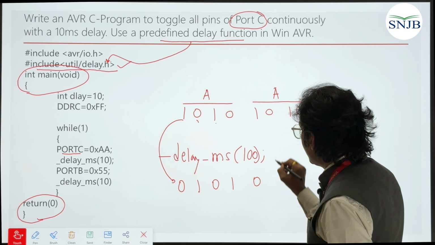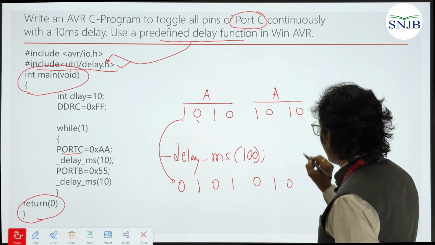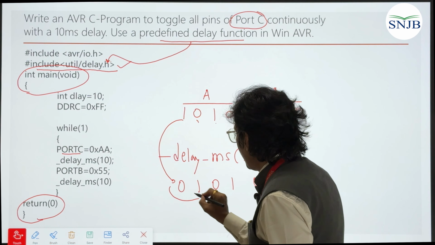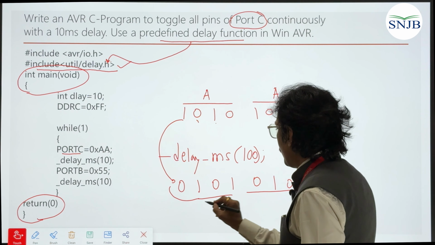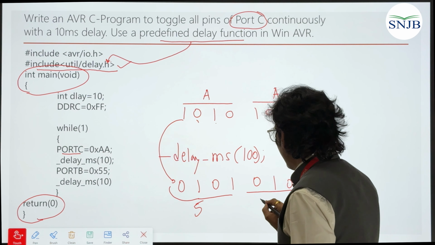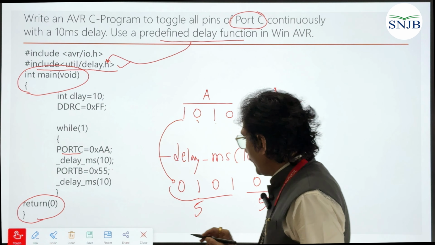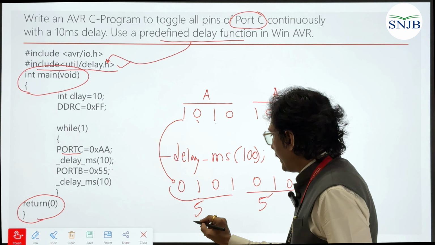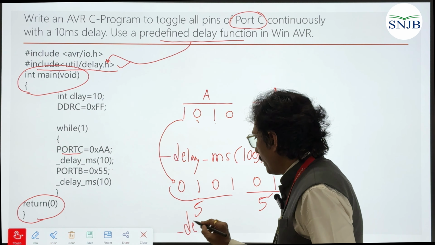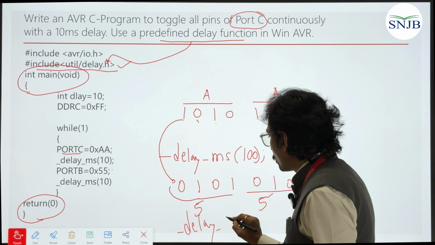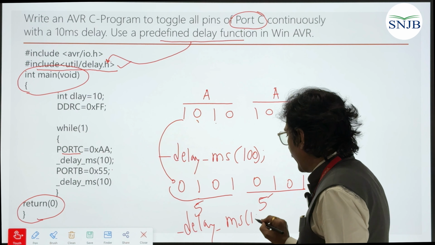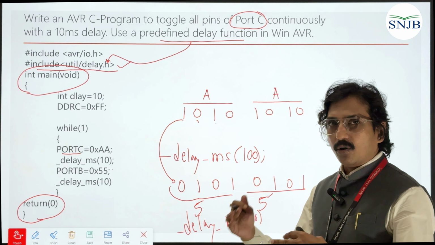1 0 0 1 1 0 0 1. So it is representing hexadecimal 5 value, isn't it? So again we write the routine, underscore delay underscore ms of 10, likewise. So this is the algorithm development.